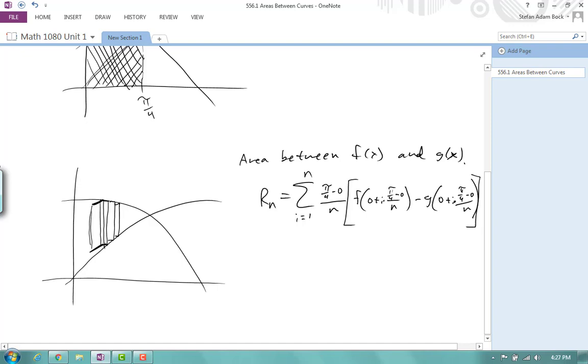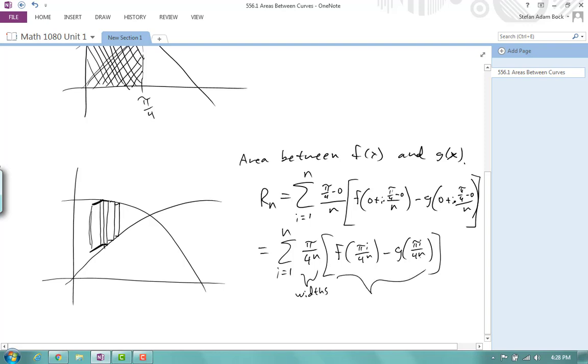And I'll rewrite that because that looks a little bit ambiguous there. The sum from i equals 1 up to n of pi over 4n times f of pi times i over 4n minus g of pi times i over 4n, where here I have the widths, and here I have the heights of each rectangle.